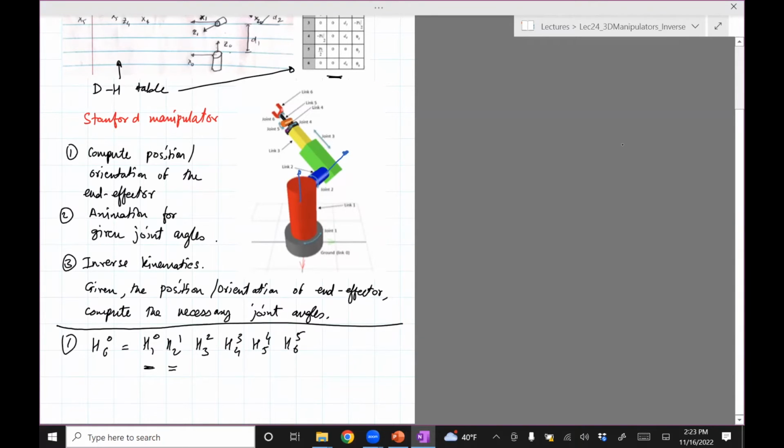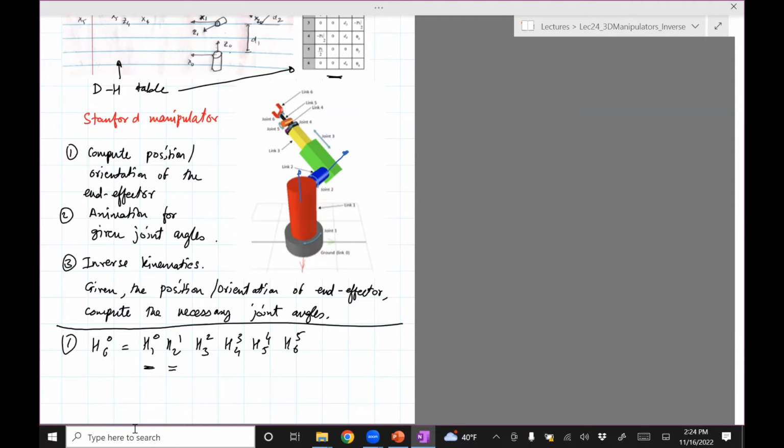Okay, the animation is something I did last class where you just have to do the position of the end effector, the joints of the links by figuring out the axis, the origin of the axis. Okay, and that comes from each of those H's that I showed last time. And then the inverse kinematics is very similar to what we did for a 2-dimensional manipulator where we used fsolve.